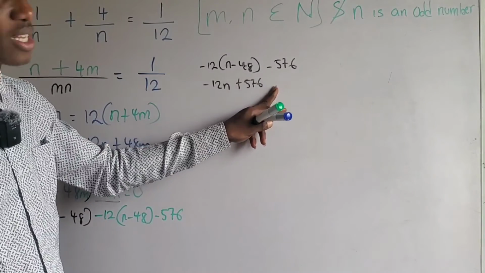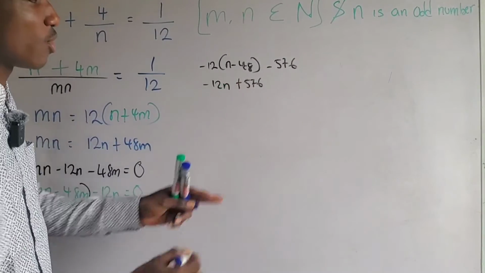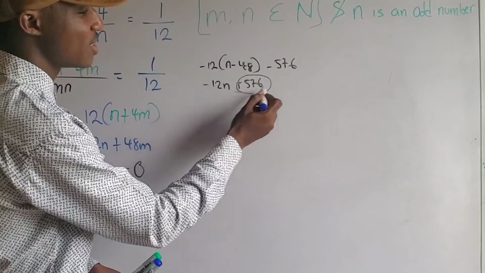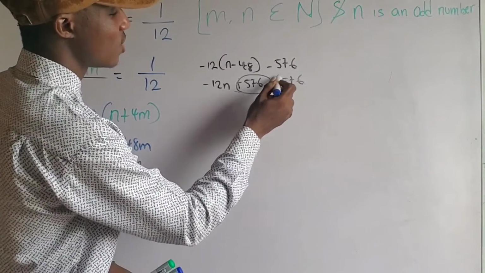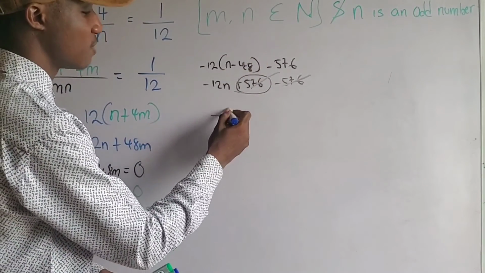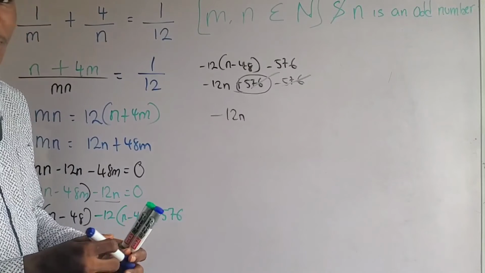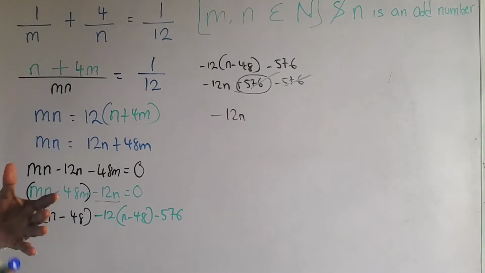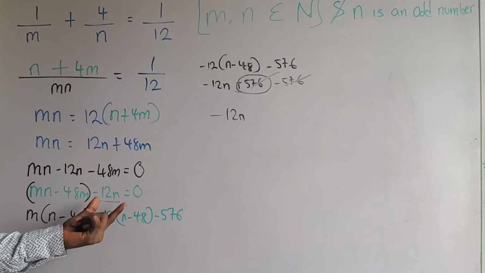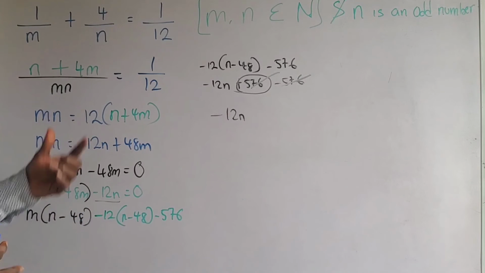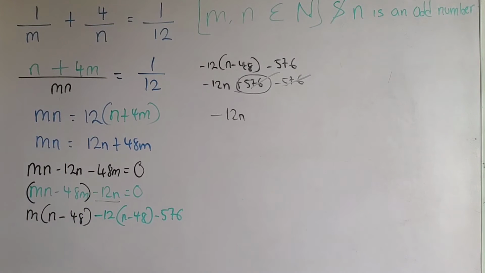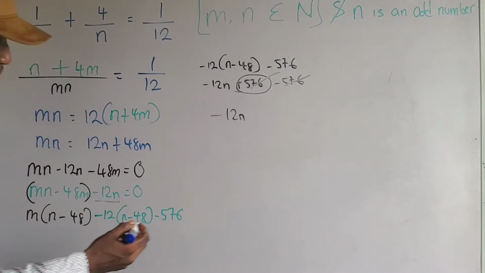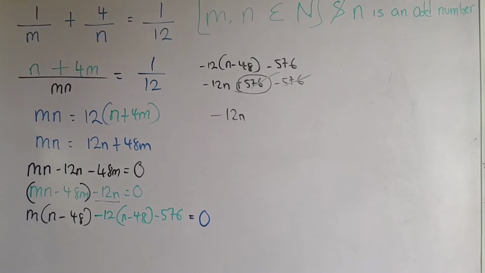The simple reason why I subtract 576 from this expression is so as to eliminate what I have here. So I'm going to have minus 576, and this will cancel this. So I'm left with negative 12n. You can see that I've not done anything. This is just basic arithmetic to help me simplify, to help me get the value of m and n that I'm asked to find. So this will be equals to 0.